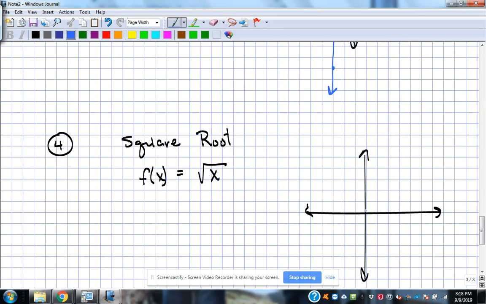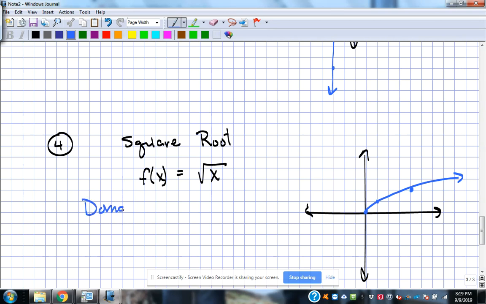Its graph looks like that. It's kind of like half of the parabola turned on its side, half of the squaring function turned on its side is what that looks like. Okay?